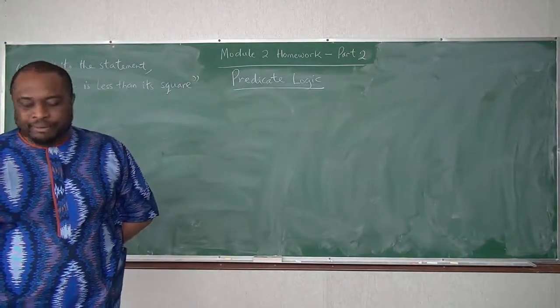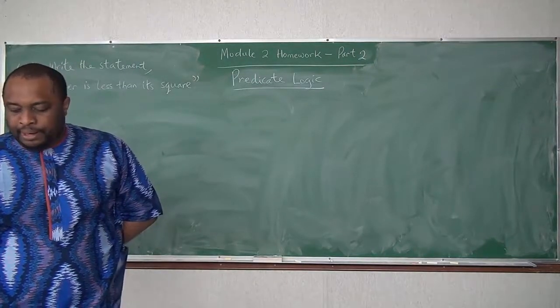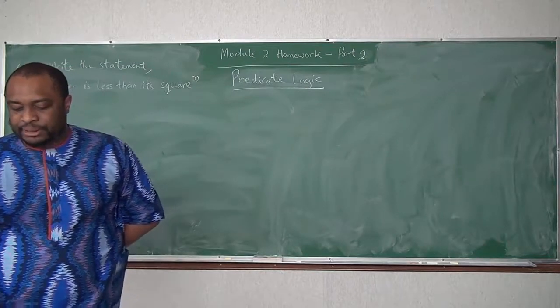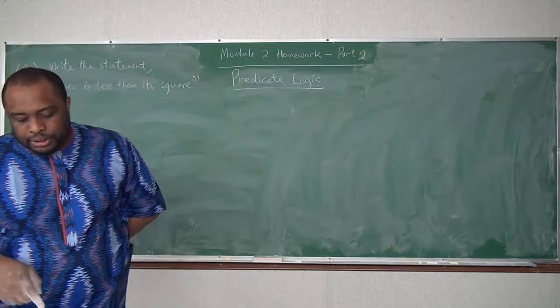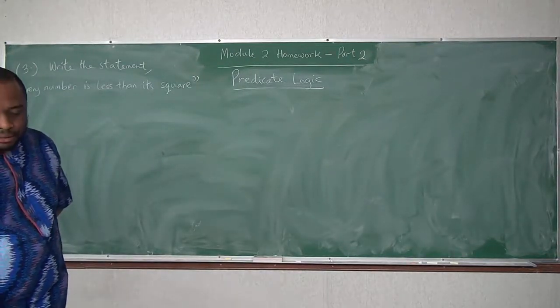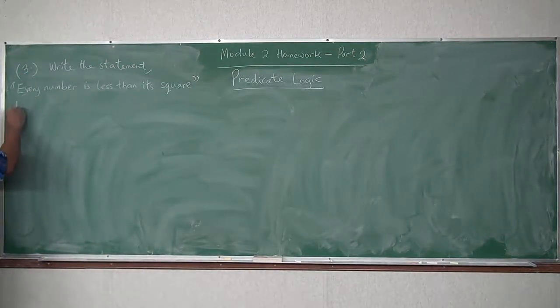They want you to write it symbolically by first defining a predicate and then using a quantifier. So let's go ahead and define the predicate. Let P of x be the predicate.